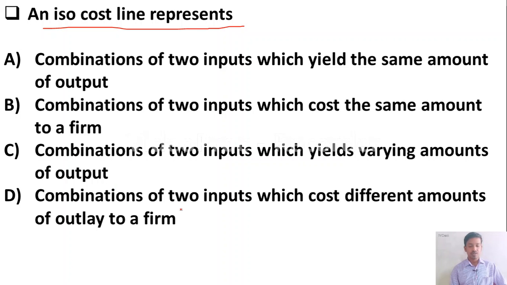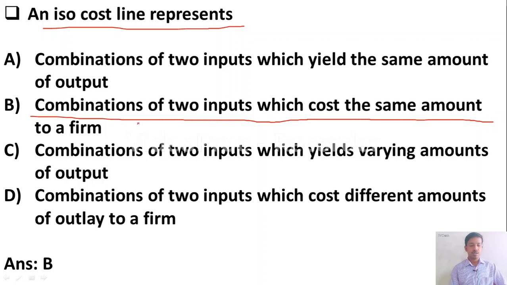Option D, combinations of two inputs which cost different amounts of outlay to a firm. Here the right answer is option B. An isocost line shows combinations of two inputs which cost the same amount to a firm.